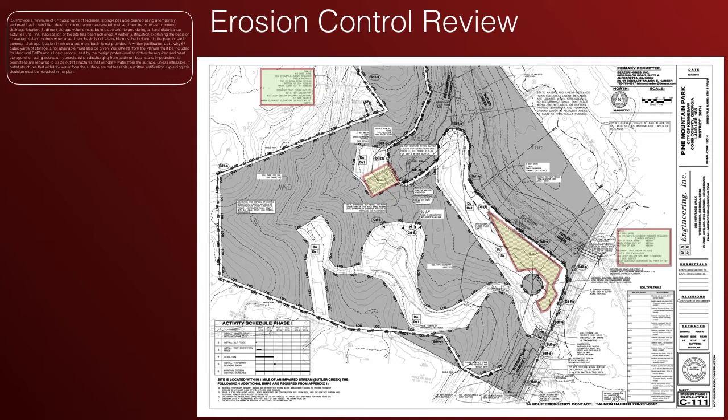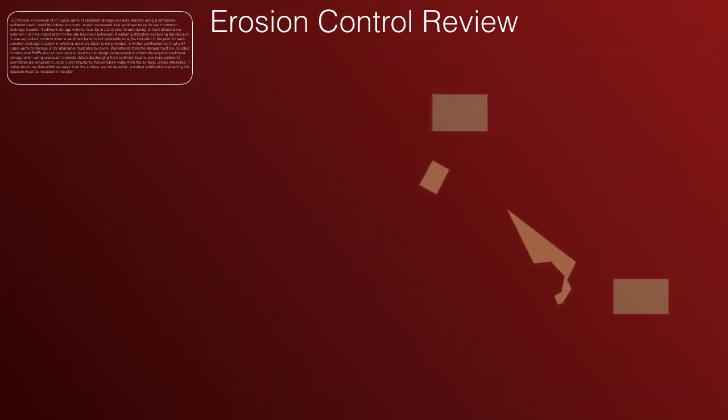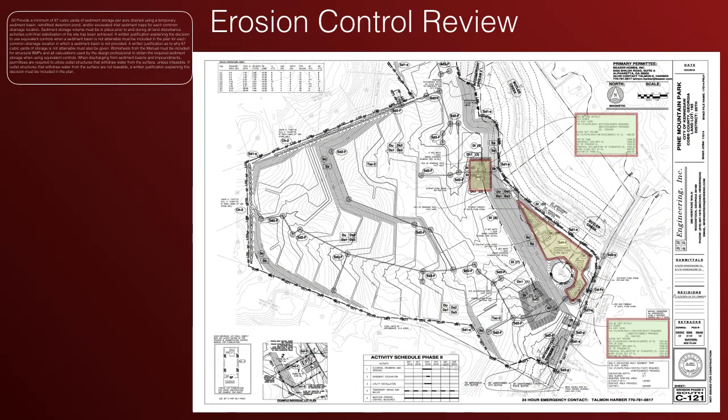But when we go from that initial phase to that secondary phase where we start doing all our mass grading, we often have a change in the location or structure of the sediment pond. And in this case, when we move over to phase 2, we see that one of the basins is moved because one of the state waters has actually been filled in through a 404 permit. And we have 2 more down in the south side that are being installed at the new discharge locations.